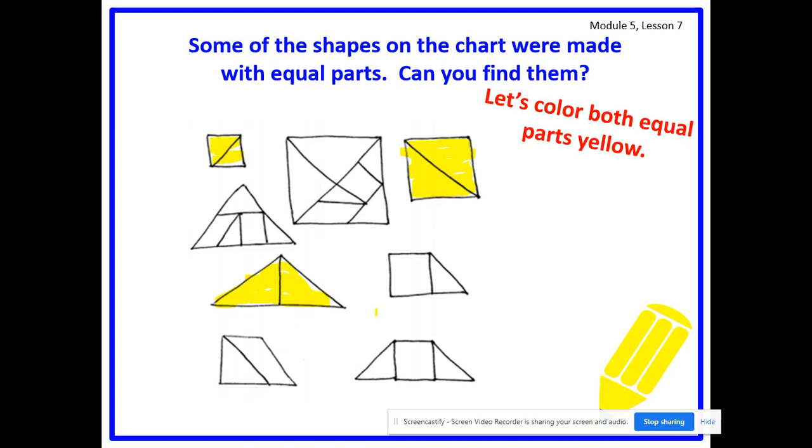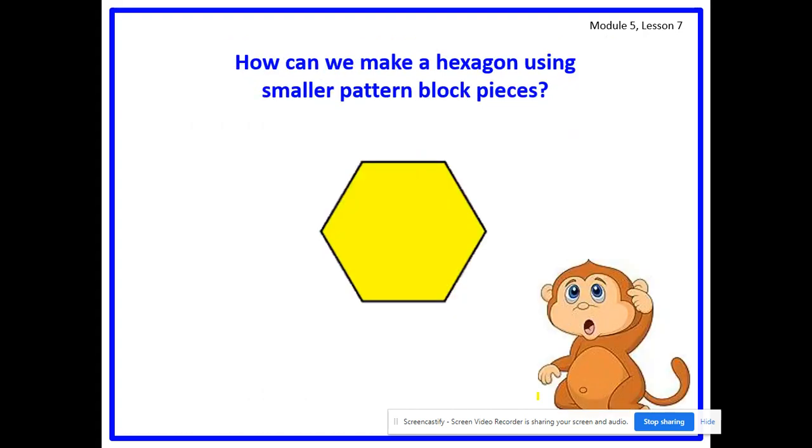No, you are correct. And finally, we have a trapezoid here. Is this made up of equal parts? No. So very good. Thank you so much, boys and girls, for helping me find the shapes that were made with equal parts. Now I have one last thing for us to look at.